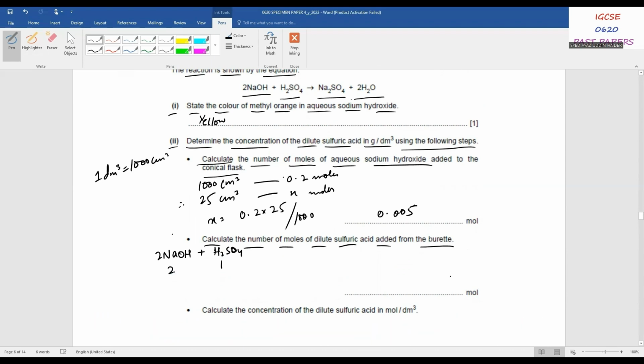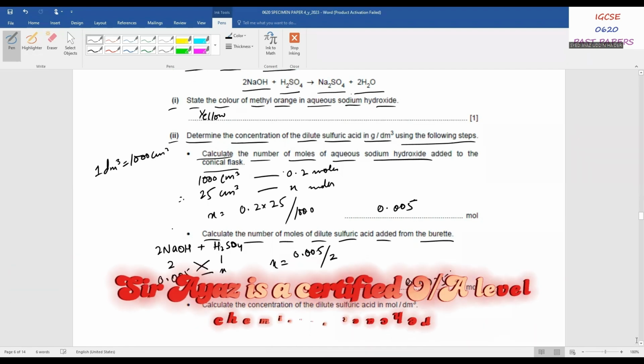So you will calculate the number of moles of sulfuric acid. 0.005 moles of sodium hydroxide reacts with X moles of H2SO4. So X will be equal to 0.005 divided by 2. The answer will be 0.0025 moles of sulfuric acid.